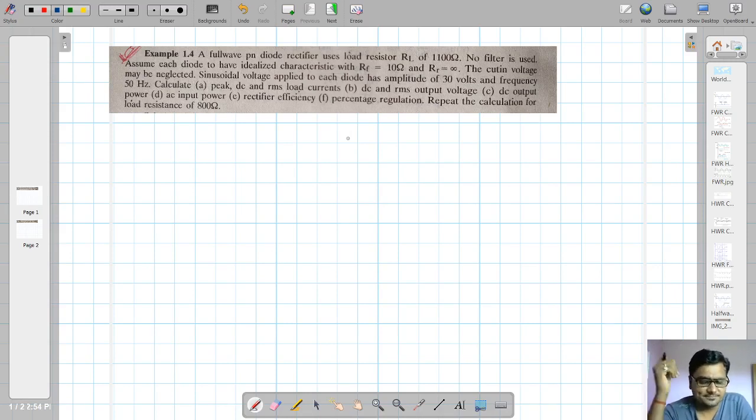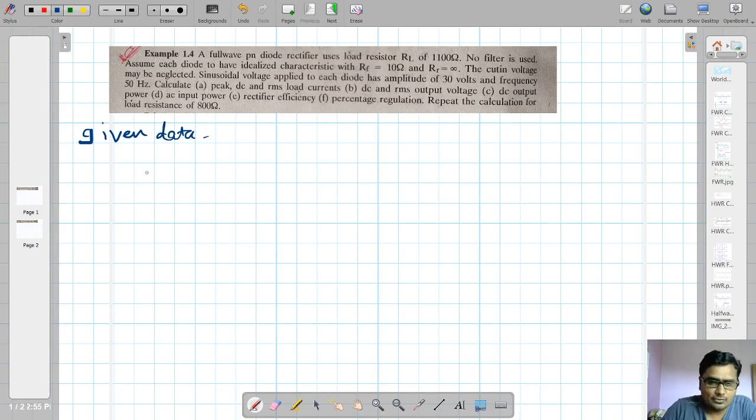We can calculate by using both the load resistances, but let me tell you how many parameters we are supposed to calculate. First, let us start with the given data. Let me write here: given data. What are the given data?